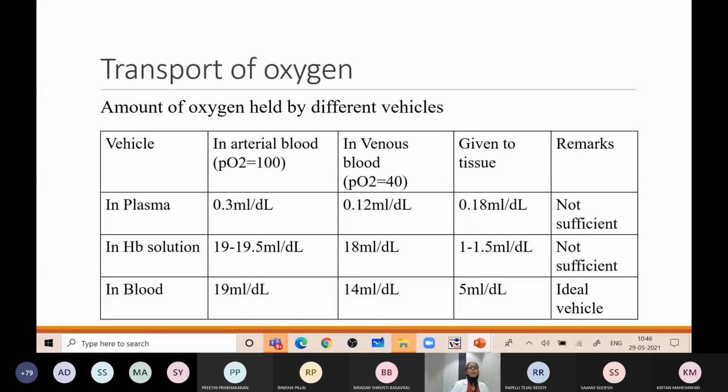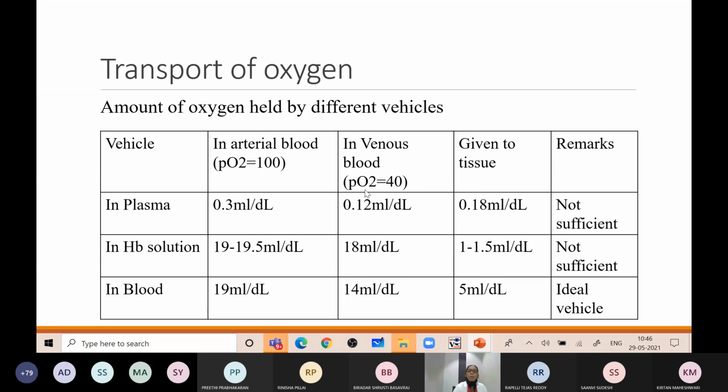Okay, so now the amount of oxygen held by different vehicles. This is also a revision of previous slides what I told you. So in plasma at PO2 100 mm of Hg, how much does it carry? As I told you, 0.3 ml per deciliter.